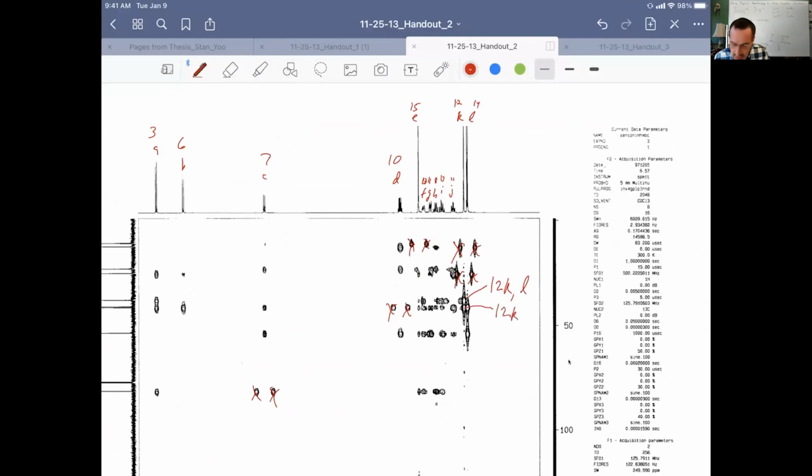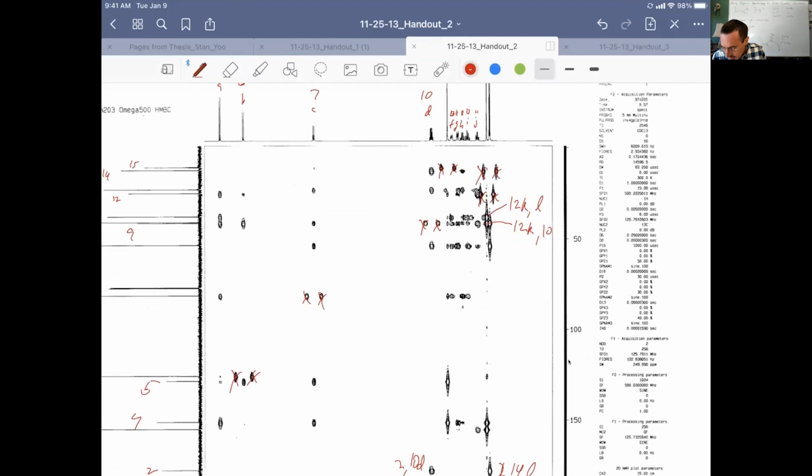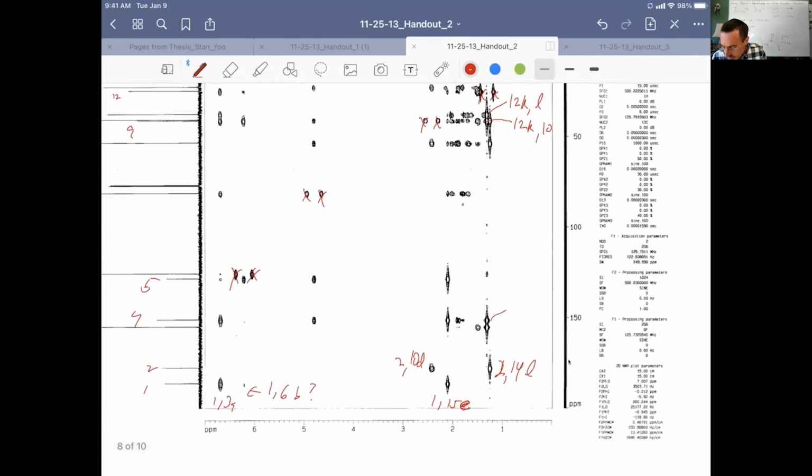We get 12K, and you might say, okay, well, I'm not really sure if it's crossing with 9 and 10, and I didn't give you an expansion, but we filled out all of our valencies on carbon 10, and it has to be on a quat. This is the only quat we're going to cross with, because we continue down here, and we get 12K with 4, and 12K with 3.